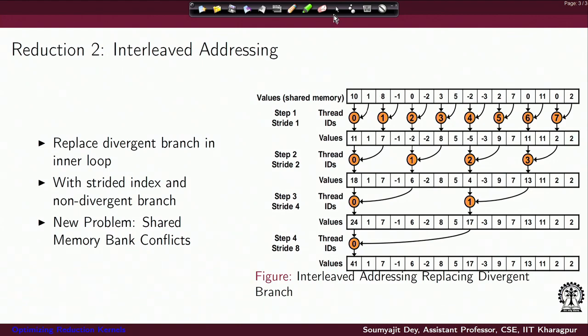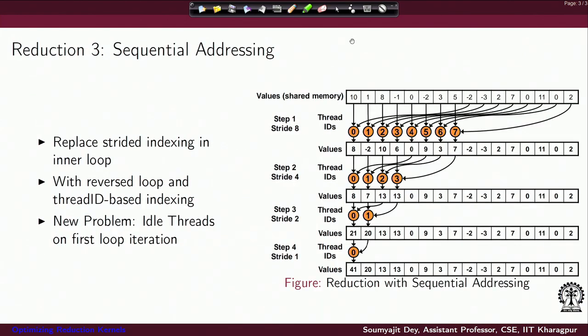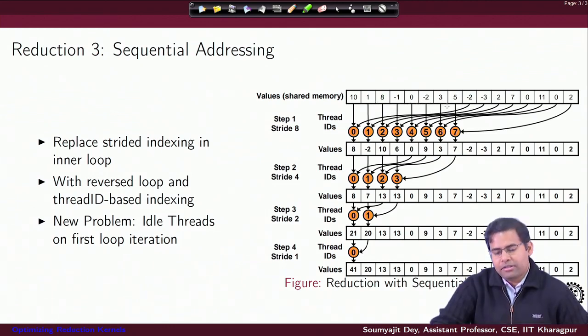But now, when I write code which gives me this kind of access pattern, I have consecutive thread IDs inside a warp, and they are all loading operand 1 from the shared memory without any bank conflict, because all the threads are accessing all the banks in parallel. So, that is the good thing.